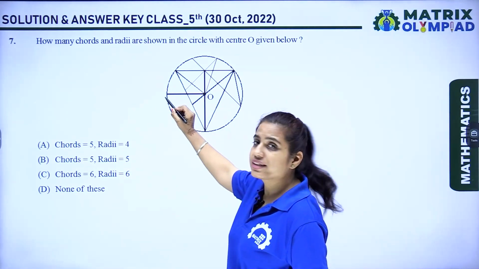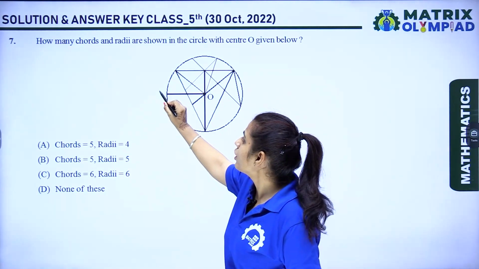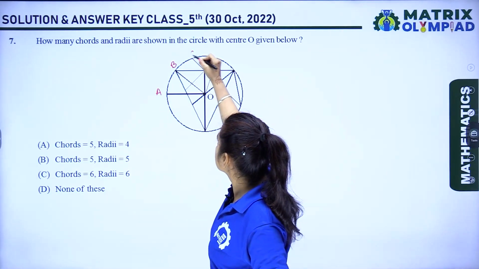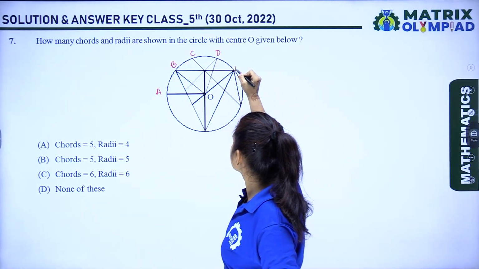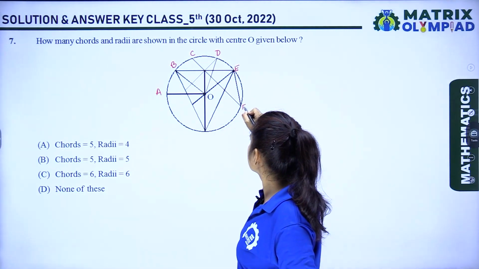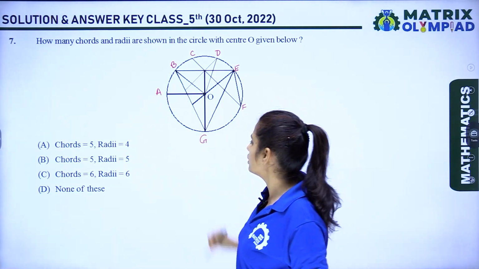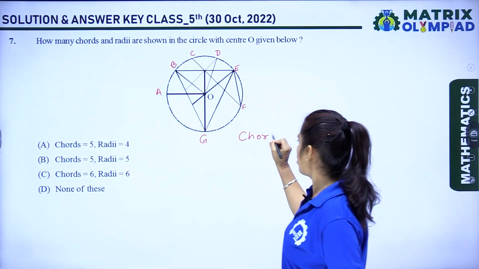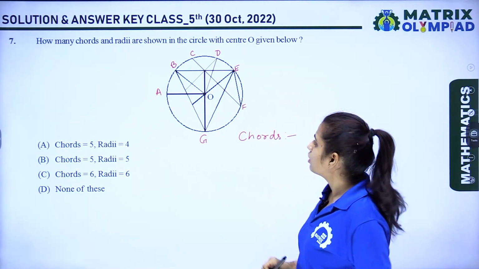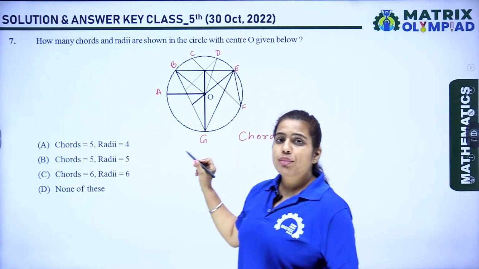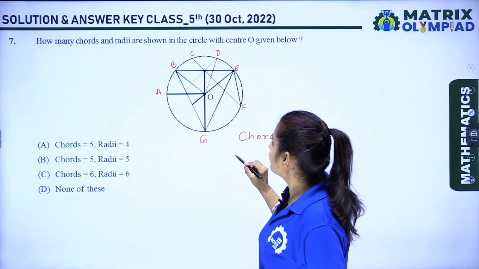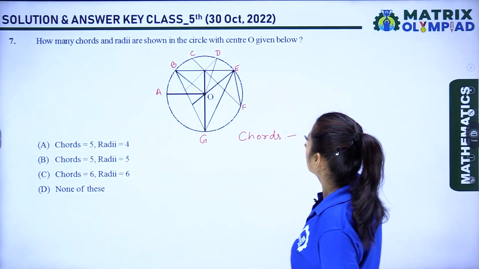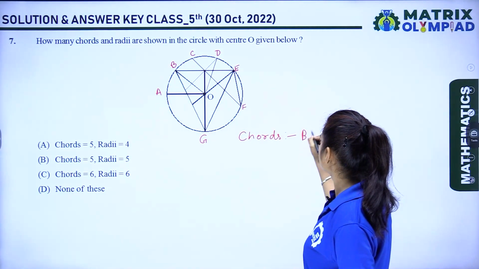So first of all, let's name the points. A, B, C, D, E, F, G. Now let's begin with the chords. Let's find out how many chords are there in this given figure. Here it is. First chord BG.